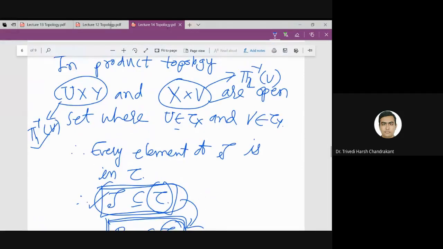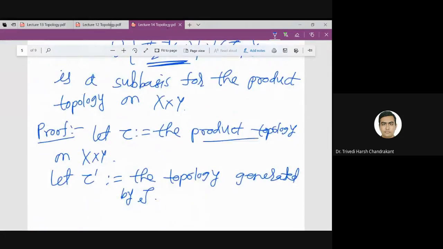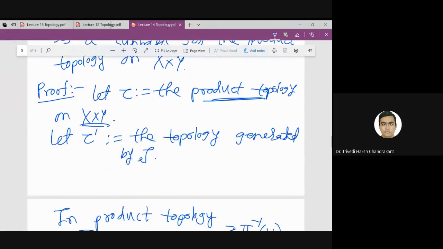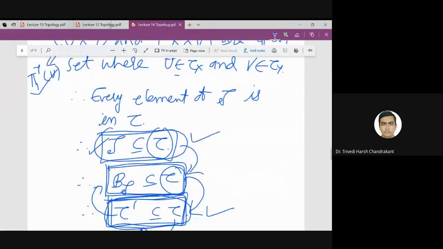Now, what is tau? Tau is the product topology on X cross Y. So to show S is contained in tau, I have to show every subbasis element is open in the product topology. Which elements are open in a topology? All basis elements. So every basis element is open in the product topology.